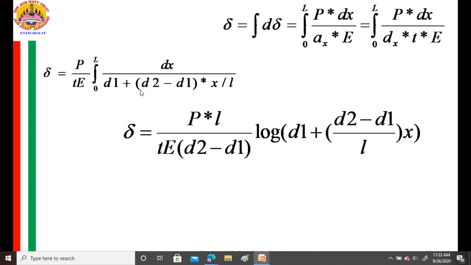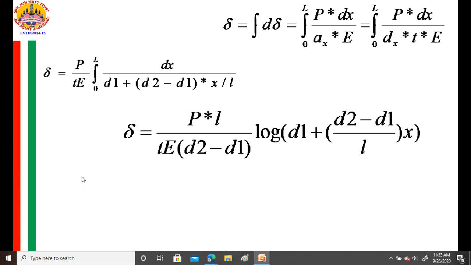Differentiation of d1 plus (d2 minus d1) divided by L into x with respect to x: d1 is 0, and (d2 minus d1) divided by L into x gives (d2 minus d1) divided by L. That is to be divided. Therefore, it is d2 minus d1 divided by L.